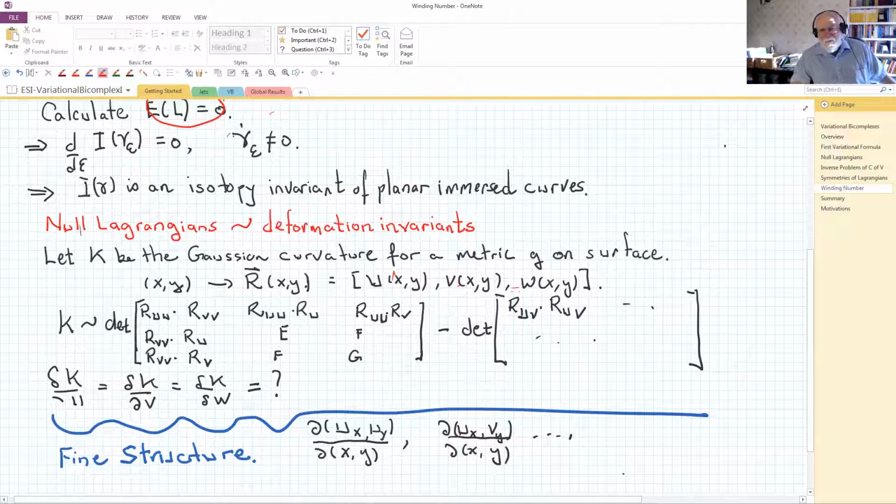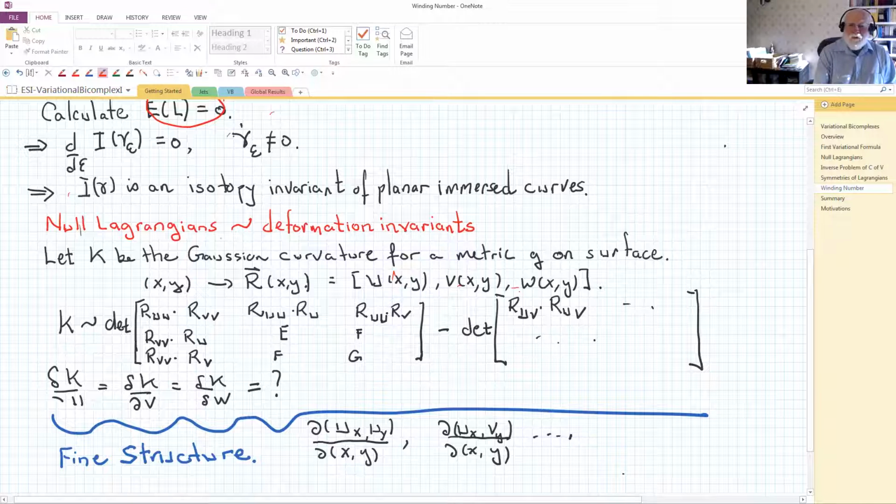So I'm thinking of my surface as being given parametrically by this vector in three-dimensional space. There's a gigantic formula in Struik for what the Gaussian curvature is.